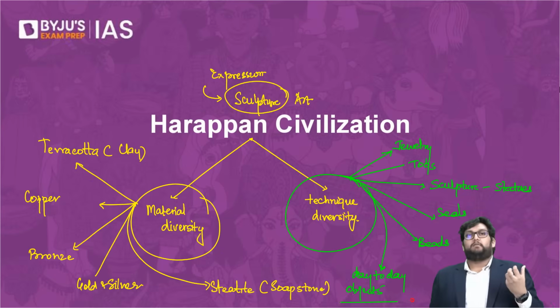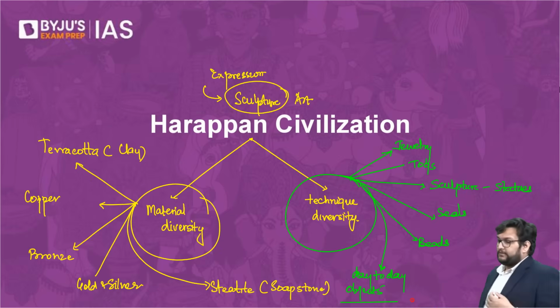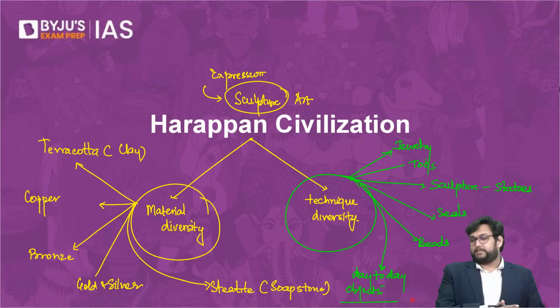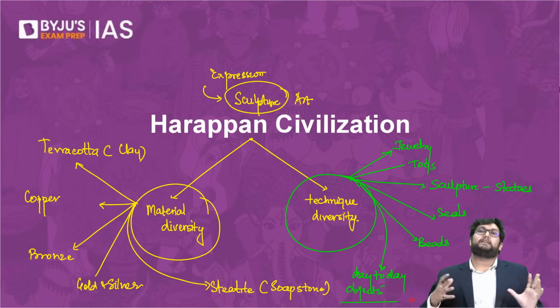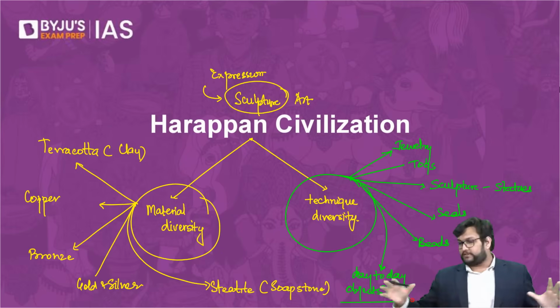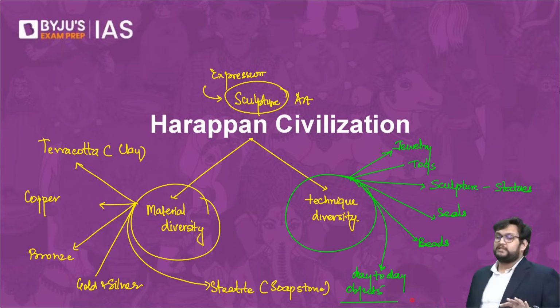When it comes to the IVC, is it a unidimensional or a multi-dimensional sculptural tradition? And herein, we have both types of diversity, different techniques used for different materials. And therefore, that creates a whole assemblage, a whole story of different forms of materials and techniques used across the civilization.